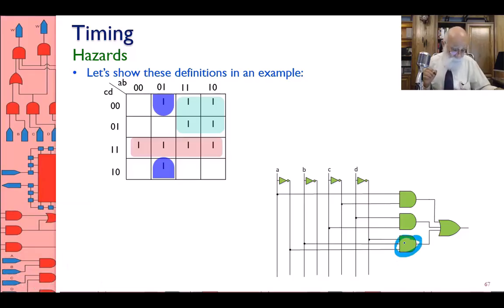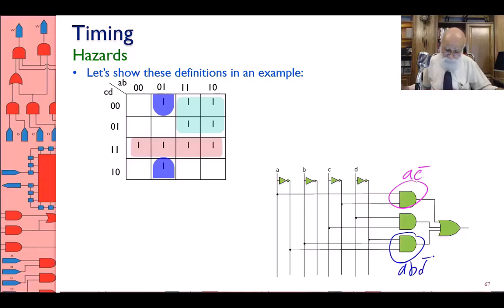Then I have A, C bar, which is this. This is A, C bar. This one is A bar, B, D bar.